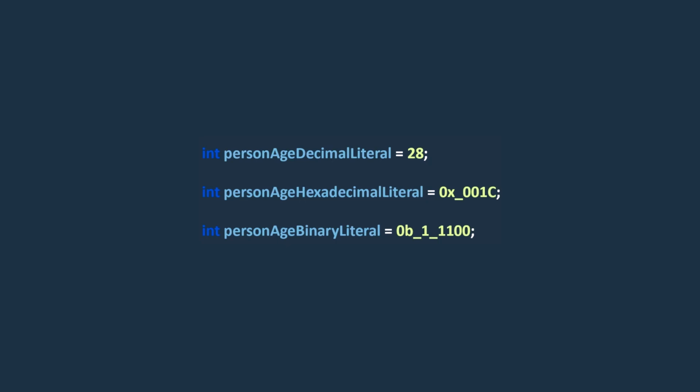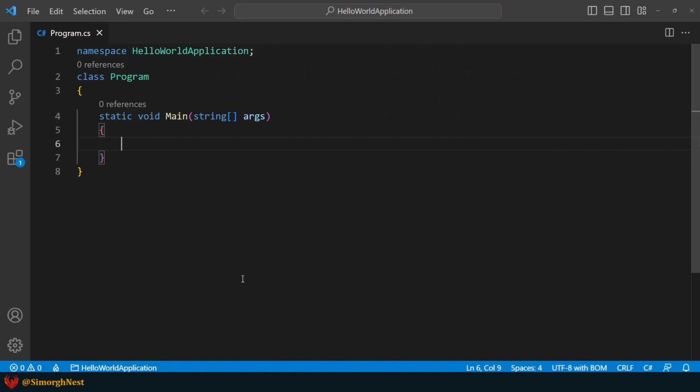Alright, now let's jump into VS Code and show you some examples. First, let's declare 3 variables and assign them the number 17 in decimal, binary, and hexadecimal literals. So, go for int decimal equals 17.